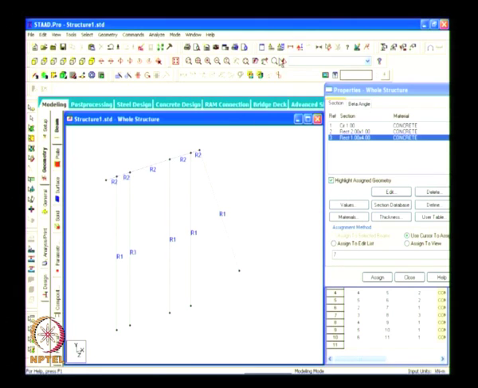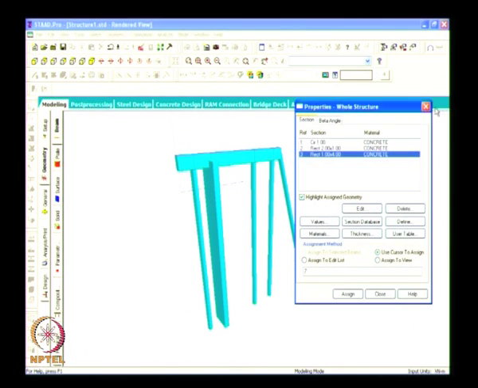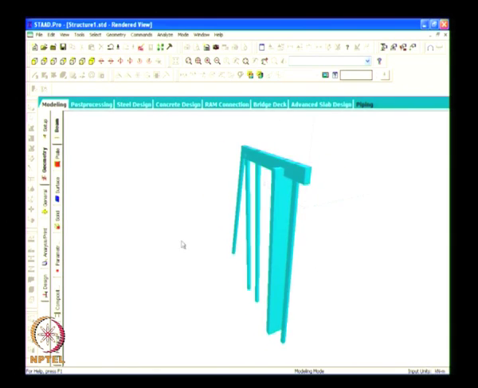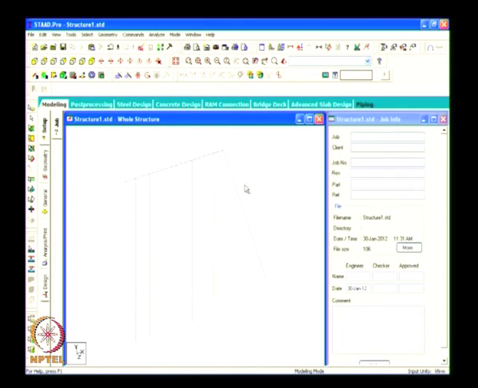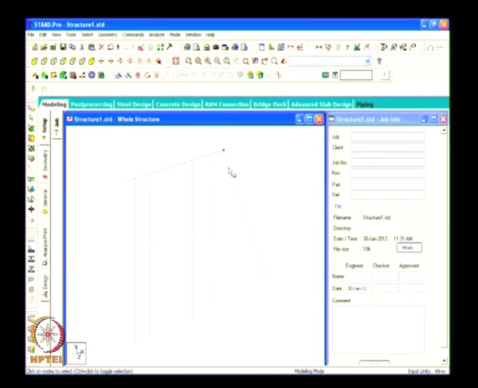Show the rendering view. So now we rotate. Now this is the model what we have created. So there is an end beam we have to create, retaining beam we create. Shift it 2 meter away.